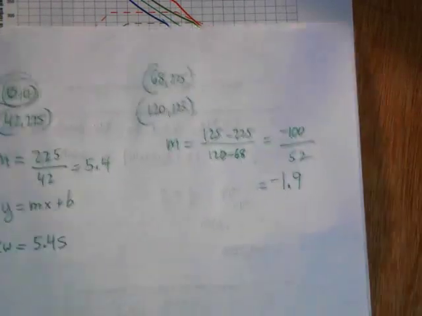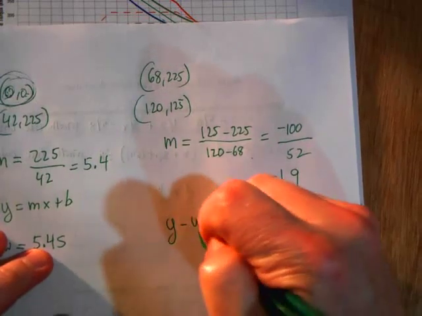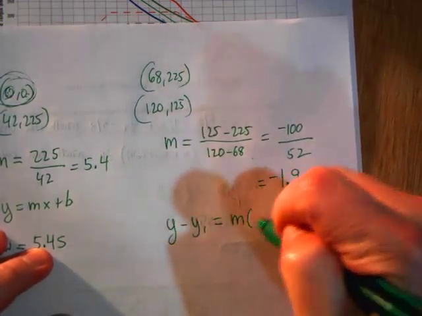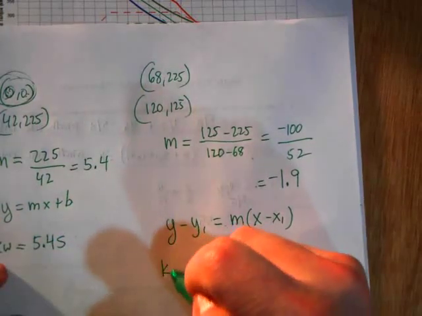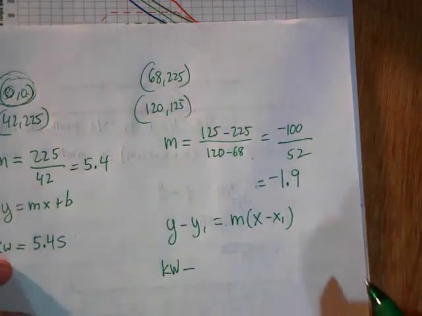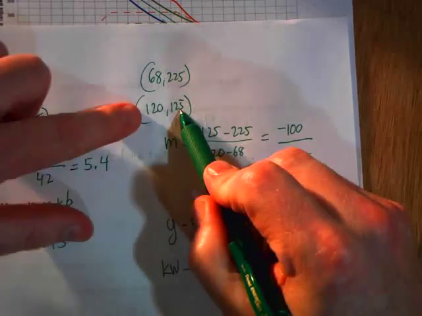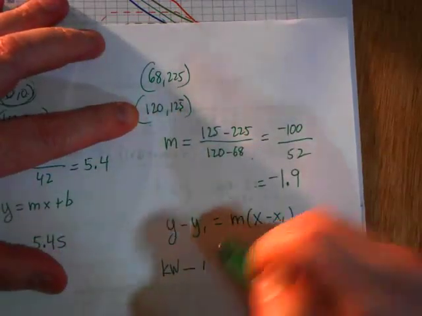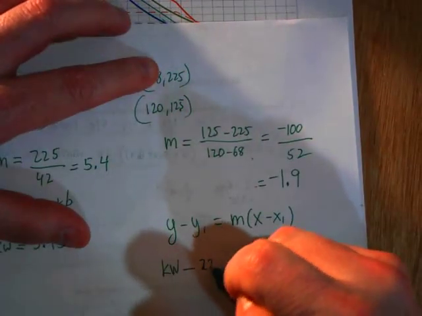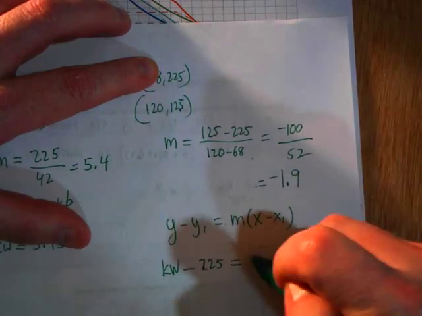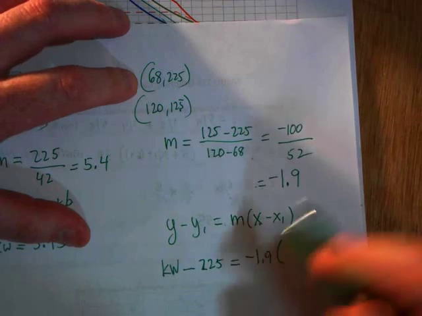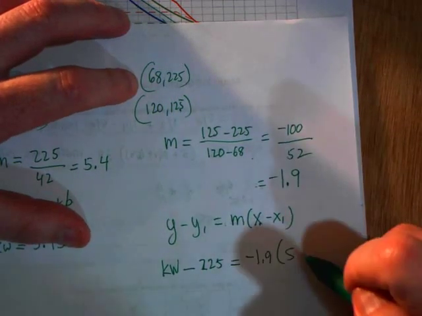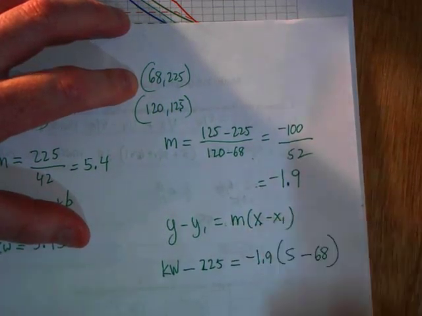Alright, so much like last time, I'm going to use y minus y1 is m times x minus x1. But I don't have y, I have kilowatts minus one of the y numbers. I'm going to use the first point again. 225 equals m, negative 1.9, times, I'm not using x, I'm using speed, minus 68.